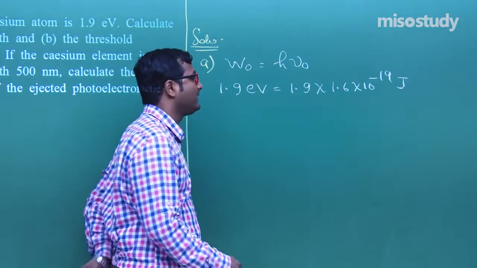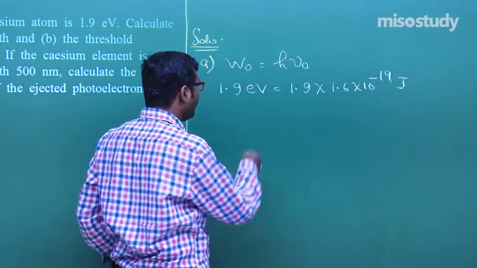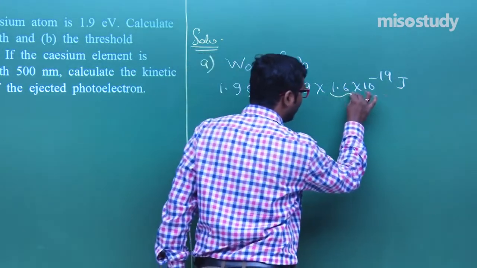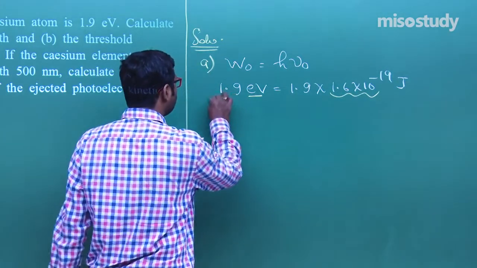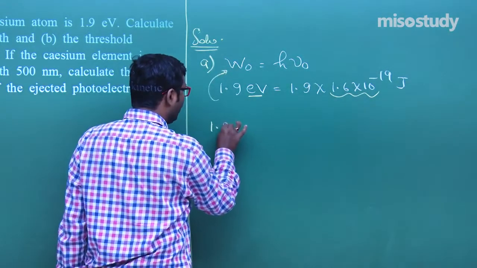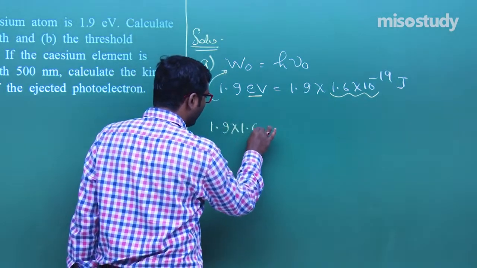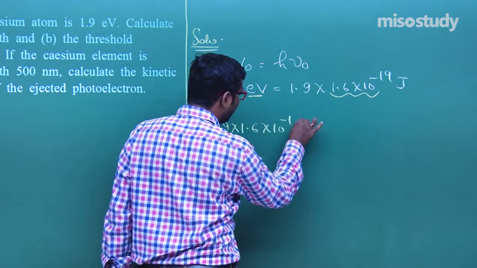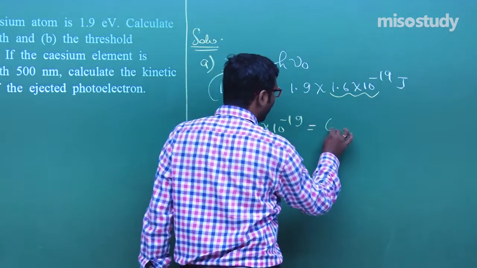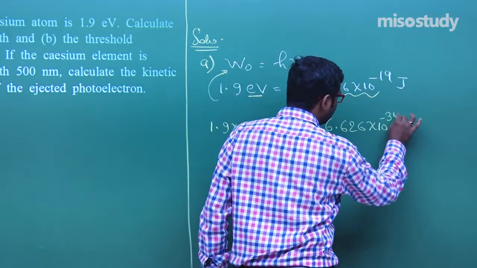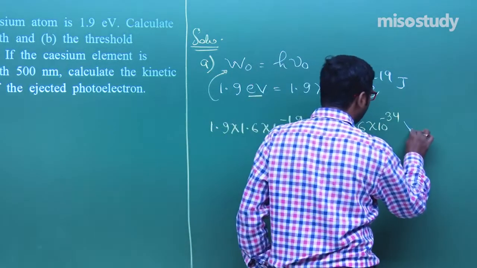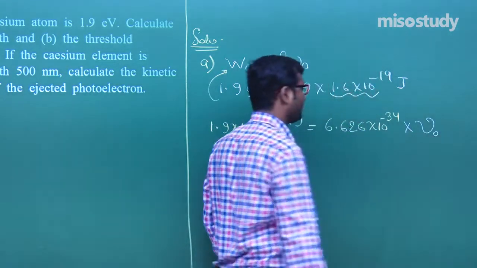Definitely, because 1 electron volt equals 1.6 into 10 to the power minus 19 joule. So put this value here: 1.9 into 1.6 into 10 to the power minus 19 is equal to h, 6.626 into 10 to the power minus 34 into nu naught.